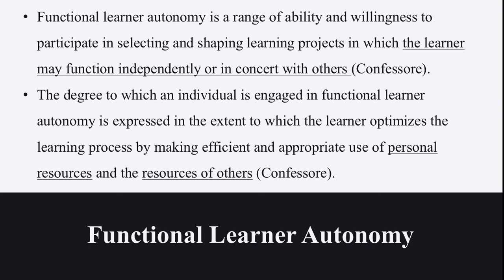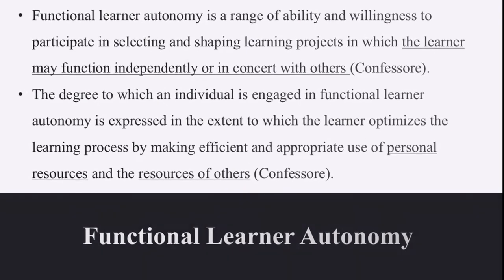A learner who exhibits functional learner autonomy knows when to operate independently and when to work in concert with others. This learner makes efficient and appropriate use of personal resources and the resources of others.